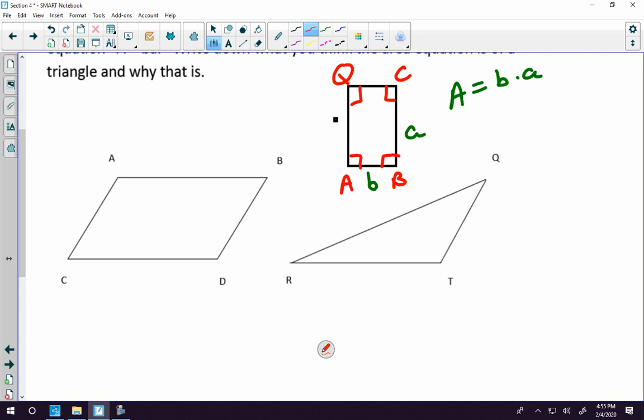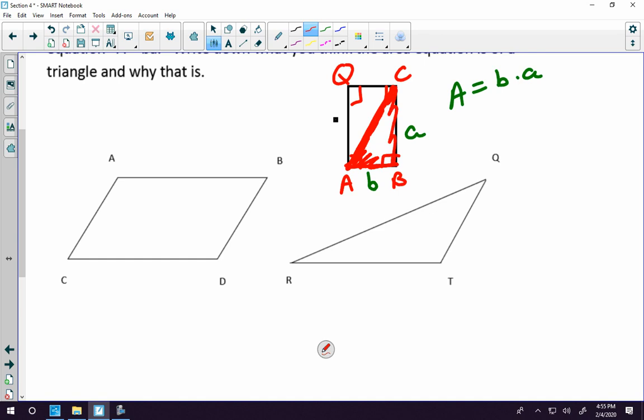Now let's think about this. If I make a diagonal inside of this rectangle, starting at any vertex you want and going to the opposite vertex, we'll notice that there are two triangles that fit inside of the rectangle. The formula for the space inside of a rectangle is area equals base times altitude, but there are two triangles inside of one rectangle.